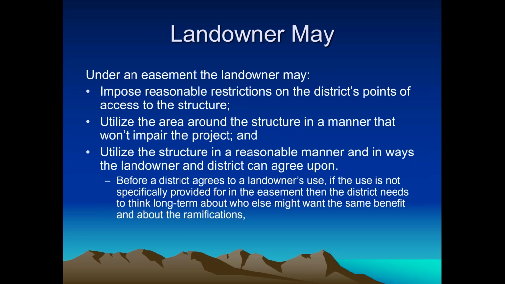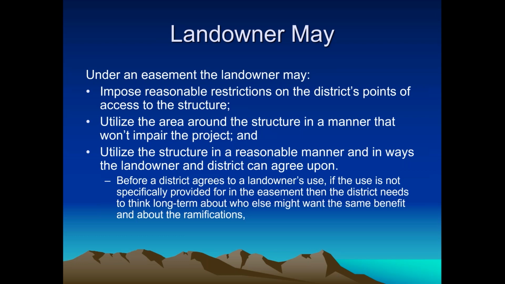Before you grant specific rights to a landowner on an easement, you need to think long-term about who might want the same benefits and about the ramifications. This comes up sometimes. We had a situation with irrigation where a landowner wanted to open the floodgate on the principal spillway tower and run water out to irrigate downstream.